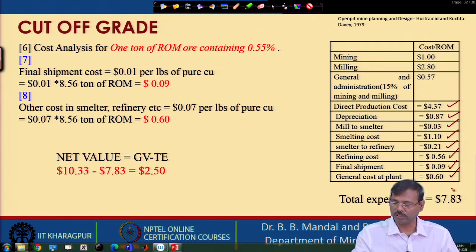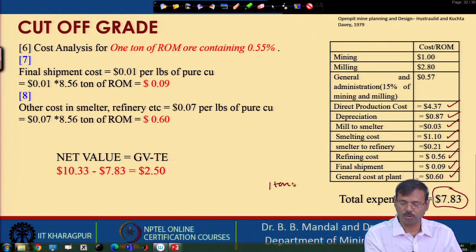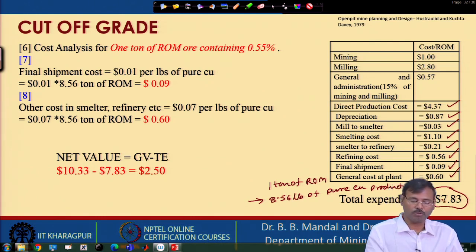In all those considerations, the total expenditure has come to $7.83 for 1 ton of ROM, or you can say 8.56 pound of pure copper product. So, from 1 ton of ROM we get 8.56 pound of copper and the total expenditure incurred for that is 7.83.